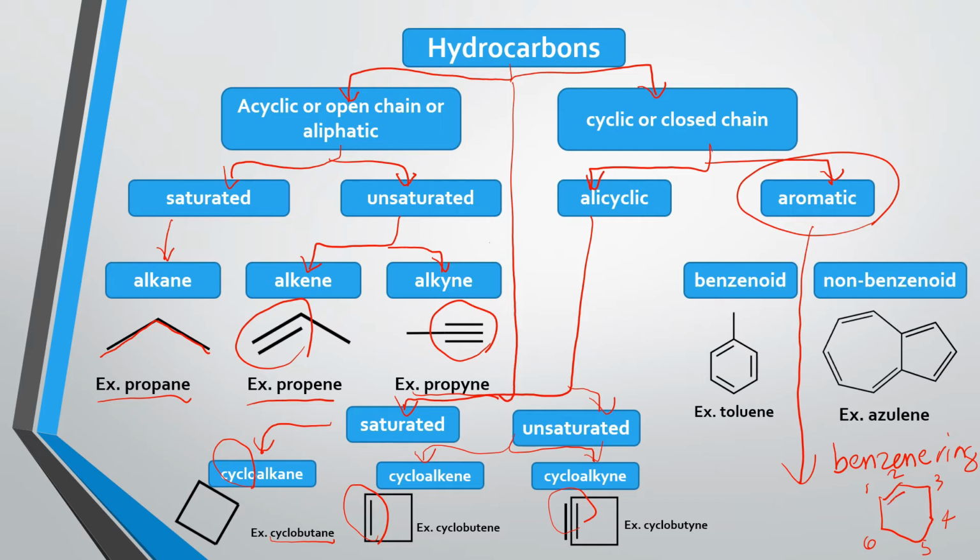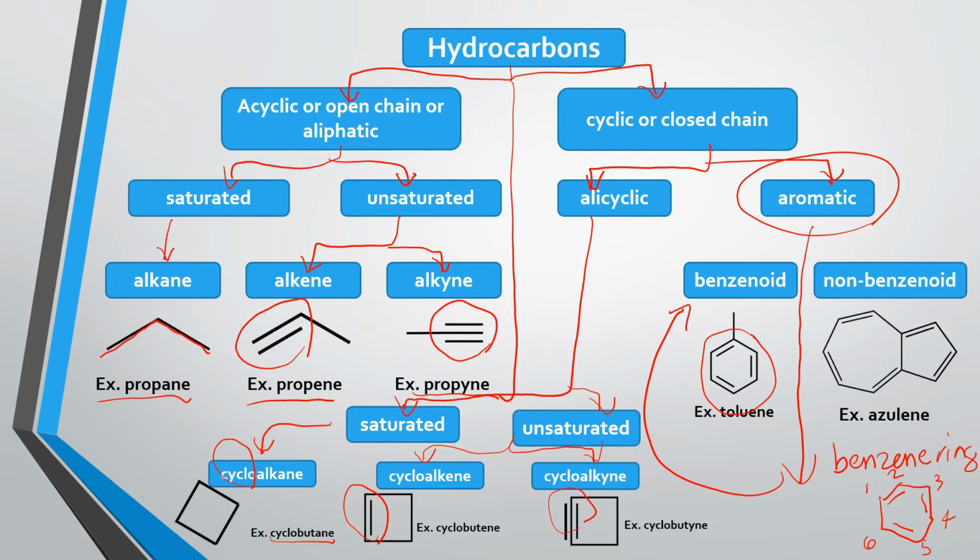With 3 alternating double bonds. Benzene ring. These are lahat ng aromatic hydrocarbon na merong ganito, they belong to benzenoid. Ito yun. Meron siyang benzene. An example given here is toluene.